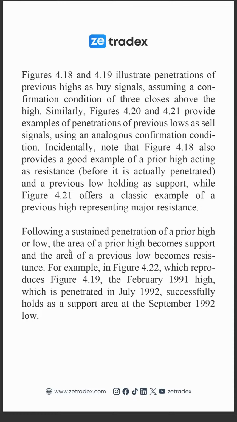Following a sustained penetration of a prior high or low, the area of a prior high becomes support, and the area of a previous low becomes resistance. For example, in figure 4.22, which reproduces figure 4.1, the February 1991 high, which was penetrated in July 1992, successfully holds as a support area at the September 1992 low. So it's best we understand how these things work and know how to follow through with them.